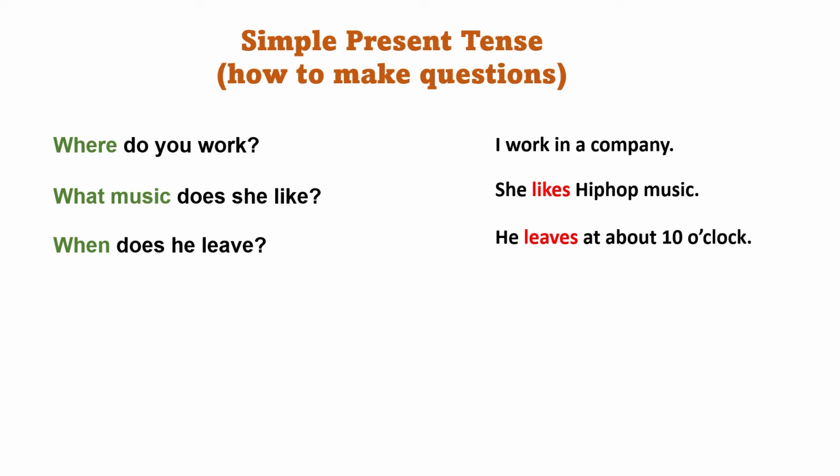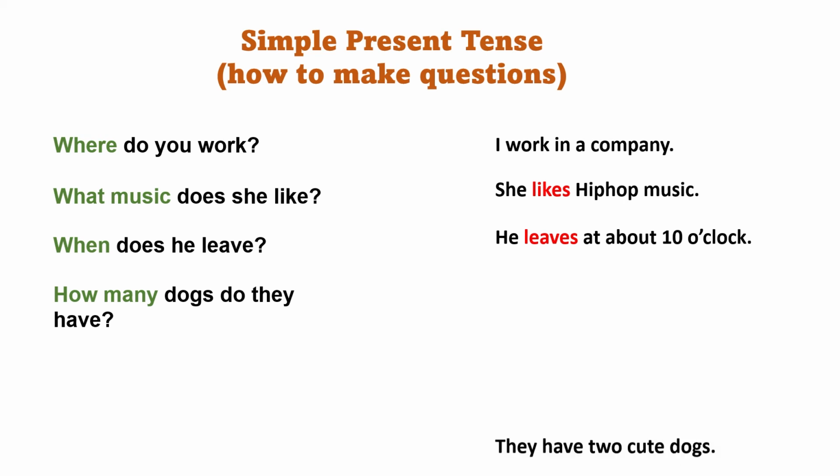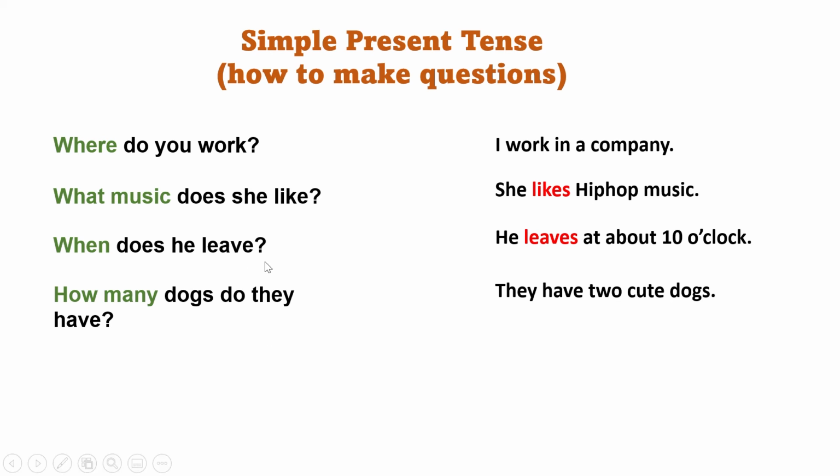In our answer we use the verb leaves. How many dogs do they have? And the answer is they have 2 cute dogs. Because of the subject they, we used do, and of course how many dogs at the beginning of our question.